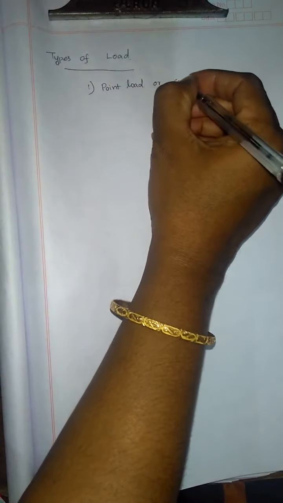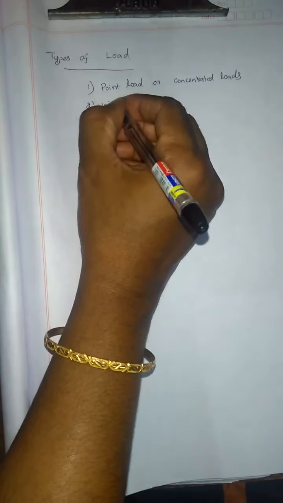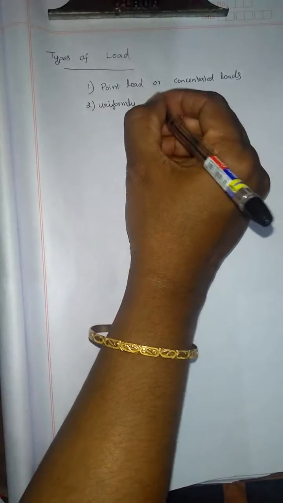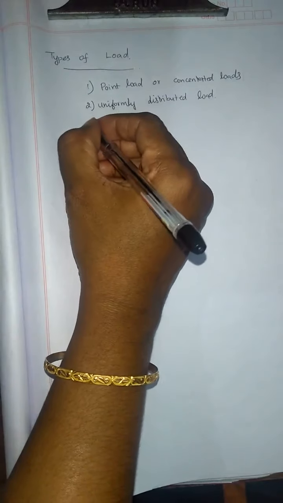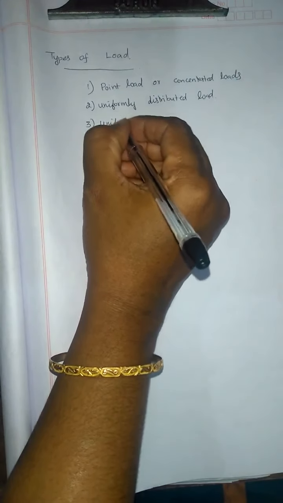The important types of loads acting on the beam are point load, otherwise known as concentrated load, second, uniformly distributed load, and the third one, uniformly varying load.